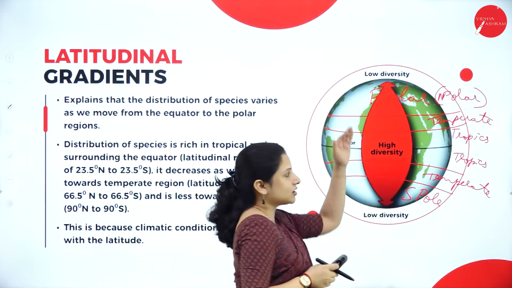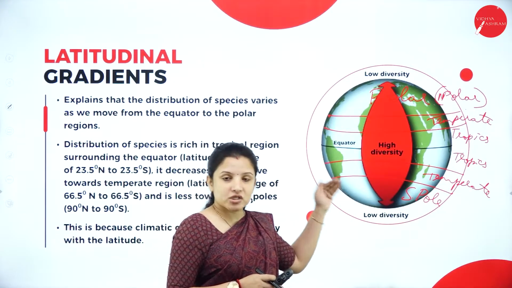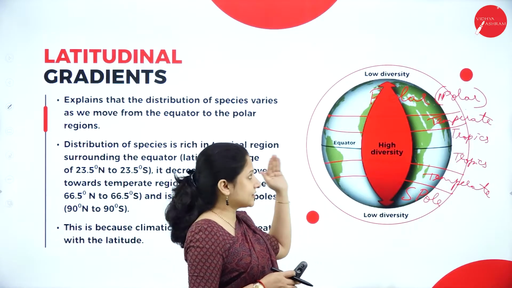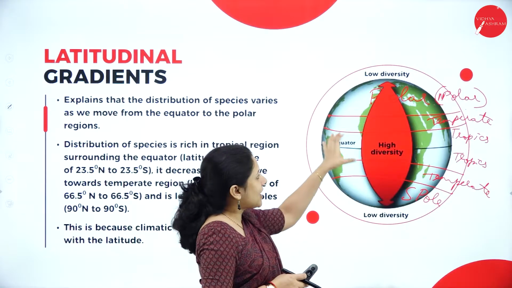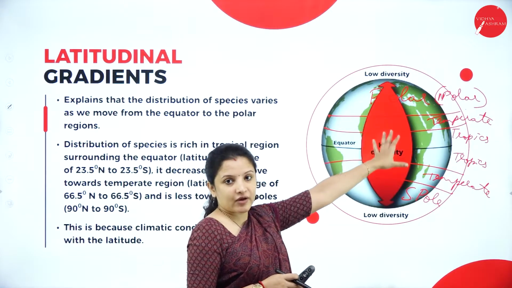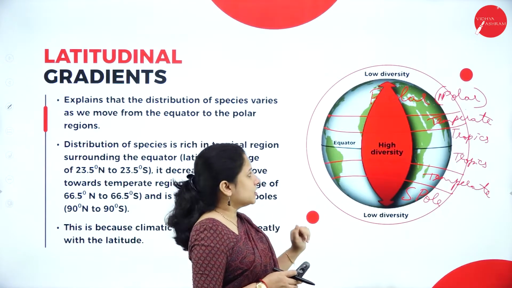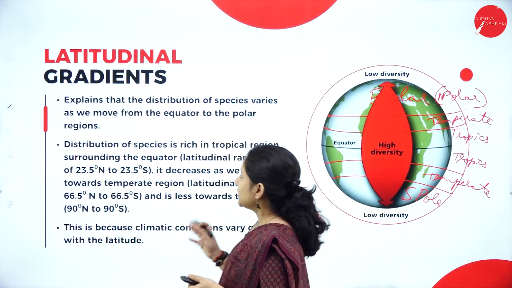So this is how the earth is divided, and the vegetation, be it the flora as well as the fauna, that is the plants and the animals, their diversity varies from one latitude to the other. So this is about latitudinal gradients.